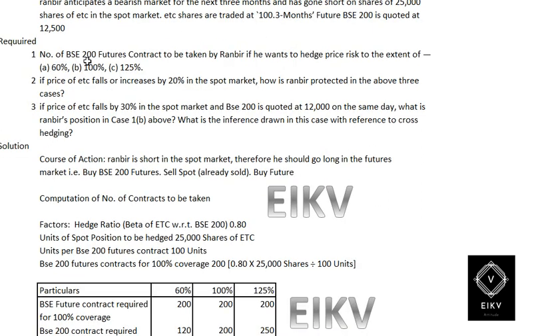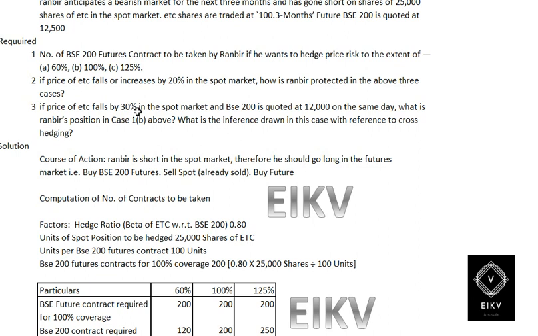You are required, number 1, the number of BSE future contracts to be taken for Rampere if he wants to hedge the price risk to the extent of 60%, 100% and 125%. Number 2, if the price of ETZ falls or increases by 20% in the spot market, how is Rampere protected in the above 3 cases?